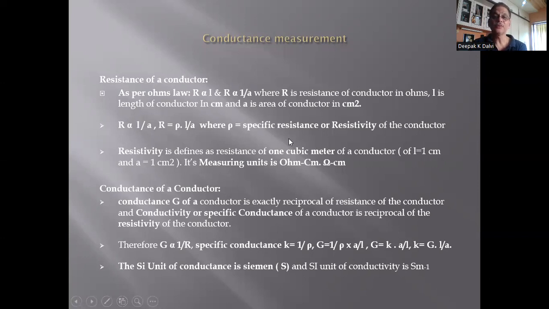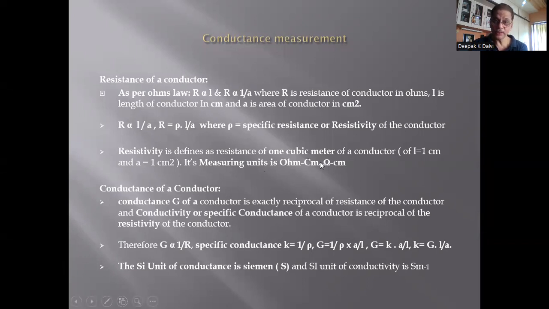So what is the definition of the specific resistance? Considering this length to be a single unit, that is centimeter, and area to be centimeter square, then resistivity is defined as the resistance of 1 cubic meter of conductor, that is one volume of the conductor. Cubic meter means volume, the full volume of the conductor.